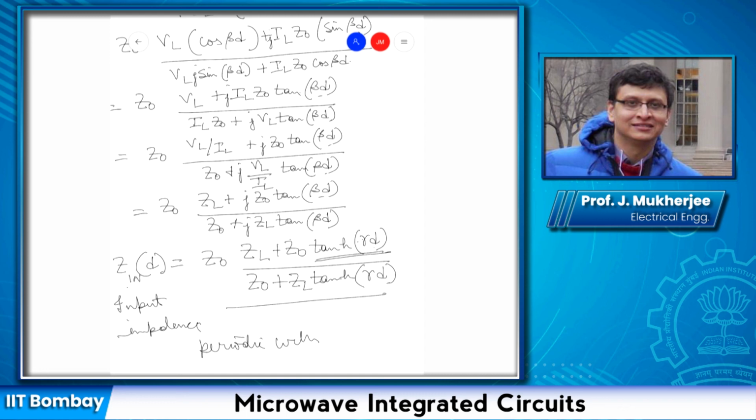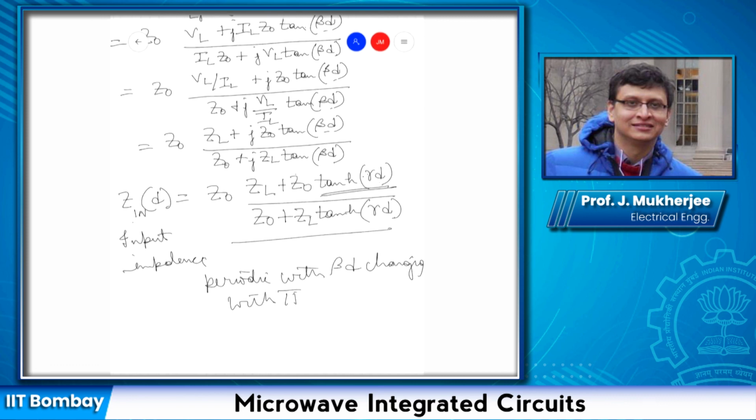with beta d changing with phi, or in terms of wavelength, for every lambda by 2 distance from load end, the value of Z in of d repeats.